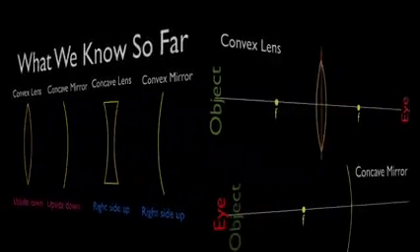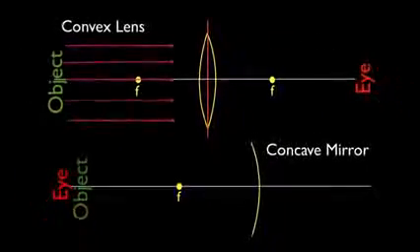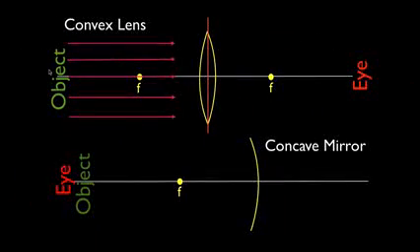Okay, and we're going to do this using parallel light rays. We're looking at an object that is far away, and the light rays are coming in parallel. They pass through that lens, and they're going to be refracted. Now, they're going to be refracted at each boundary, but we can approximate that refraction by showing the bending of light at the center line right here. So here's the object.